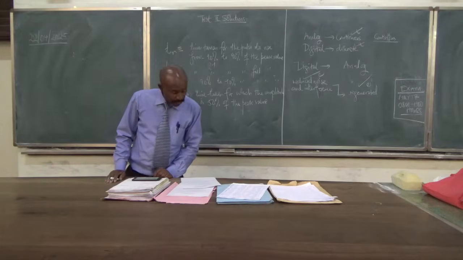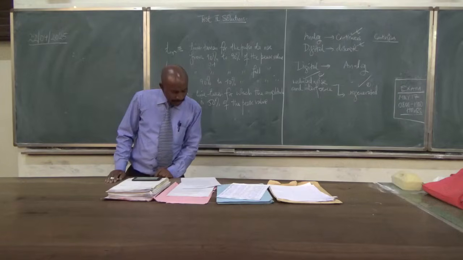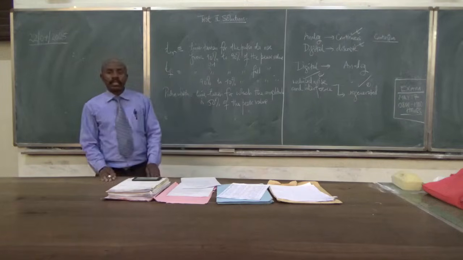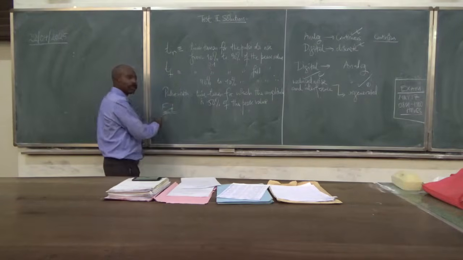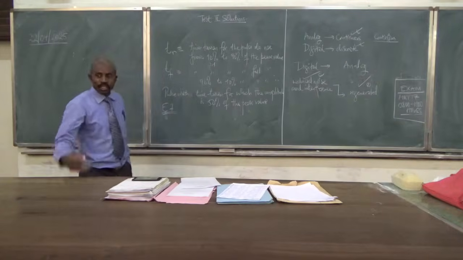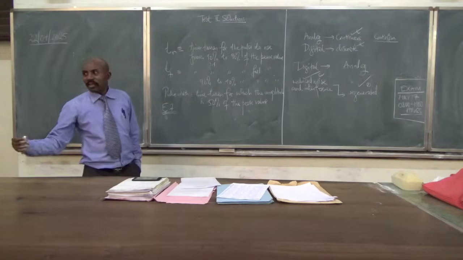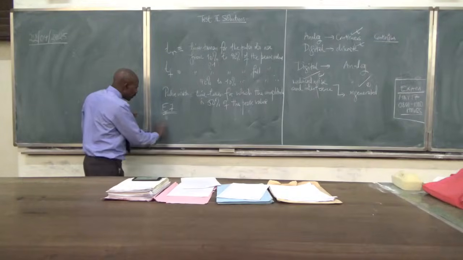The other thing is propagation delay time. All of you passed it except one person who refused. This is experiment E7. This is the time it takes for a change in the input signal. Avoid being restricted.